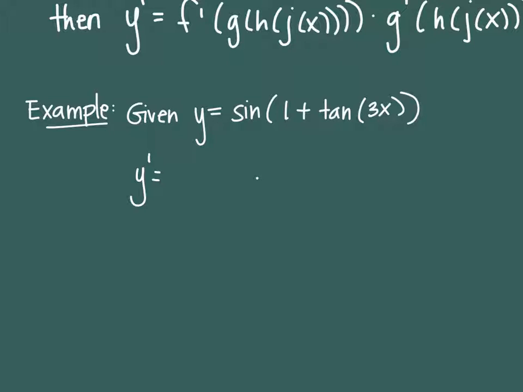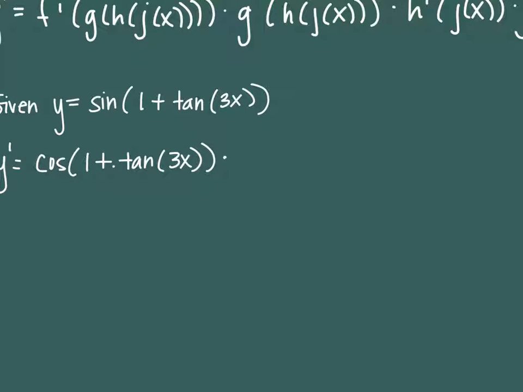Y prime equals cosine, he says, 1 plus tangent of 3x, okay, times secant squared of 3x, good. And then finally times the chain rule on 3. Okay, good.